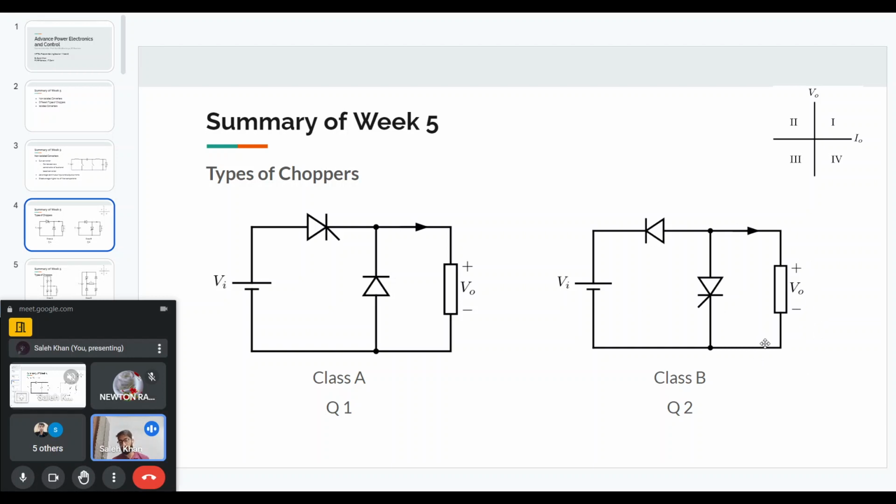That is why in class B chopper, the output side behaves like a source, because for a source, the current flows in the negative to positive direction and goes out of the positive terminal. That is what is happening in class B choppers as well. That is why energy or power flows from the output to the input. So I hope that is clear.